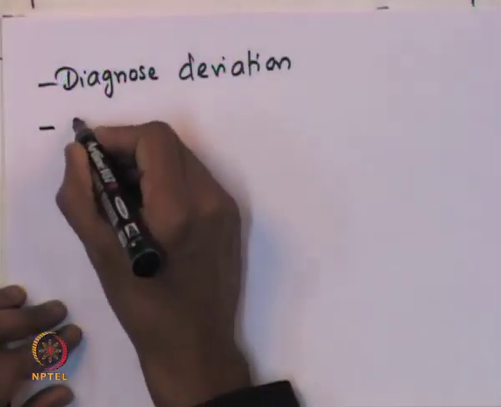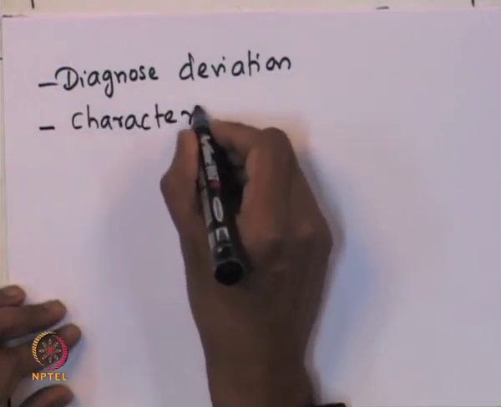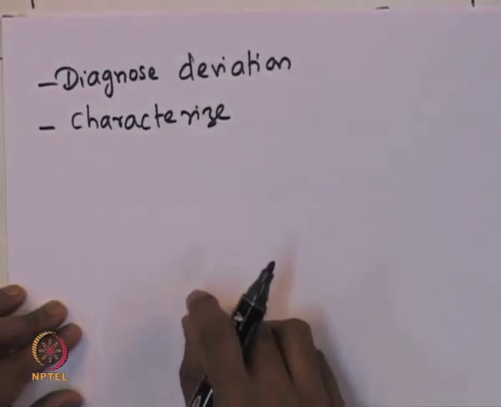Now, suppose I have diagnosed such a deviation, how do I characterize such a reactor which does not behave like the ideal reactors such as the plug flow and the mixed flow reactors?